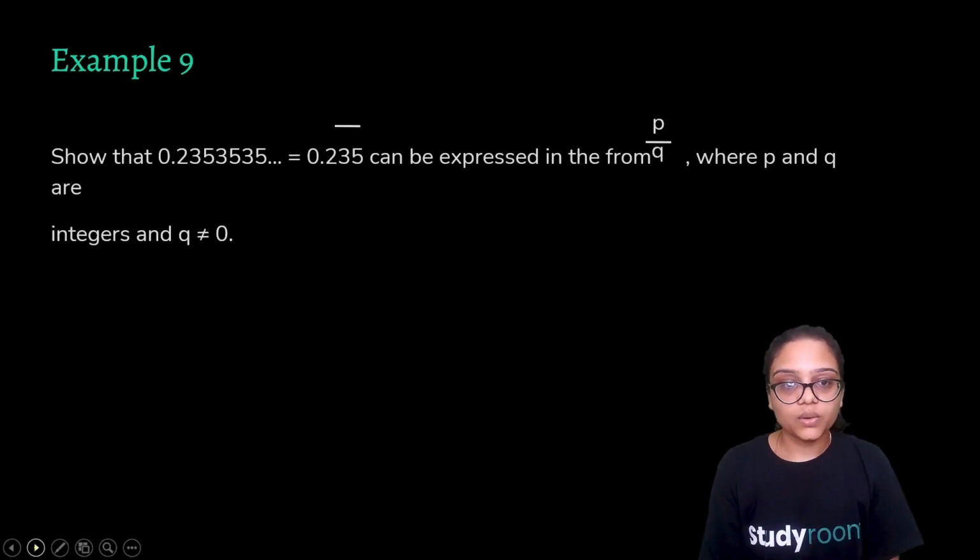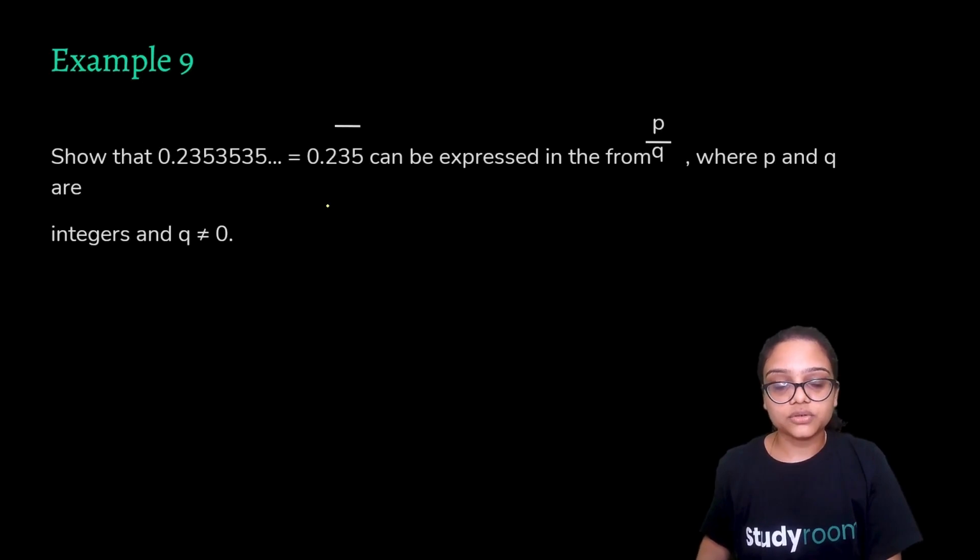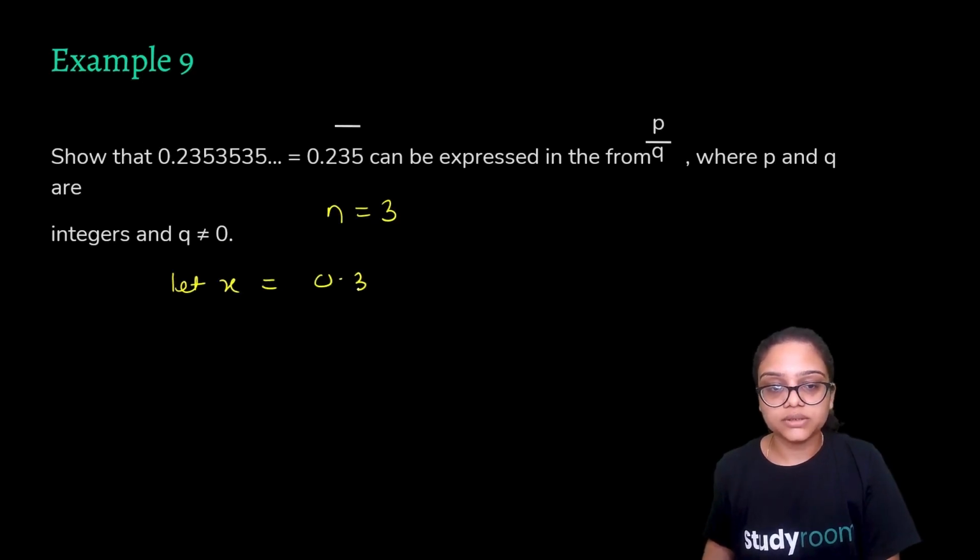Okay, next again the same question. Now you would do this one for me. n is 3 here, so we'll multiply by 1000. So the first statement would be let x equal 0.235 bar. So 1000x equals 235.235 bar.